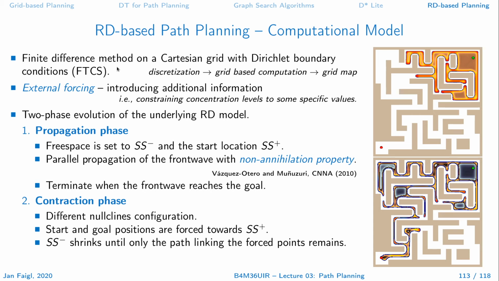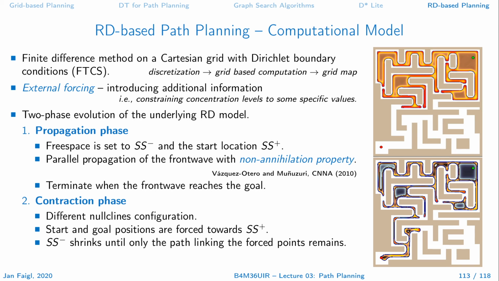So this is the front wave propagation through the media. There is a nonlinear system underlying, but quite important here is the non-annihilation property of the front wave, of the autowave, which has been described by Alejandro and Professor Munoz. Once we start propagation, we terminate the computation once the front wave reaches the goal. So that's easy to compute.